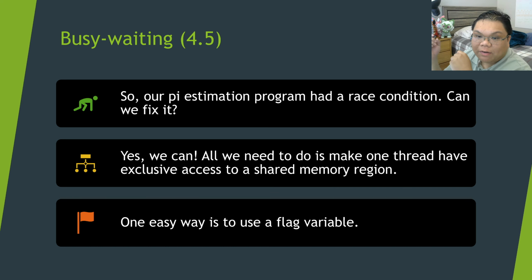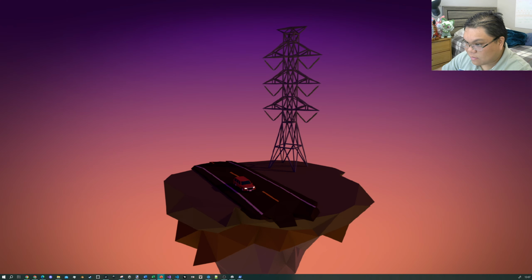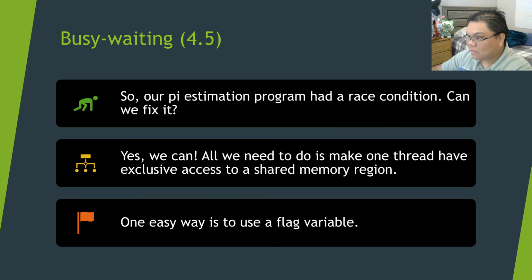So our pi estimation program has a race condition. Can we fix it? Yes, we can. So the problem comes about when two threads are accessing the same value, and one thread was in the middle of updating that value, and the other thread gets the value before the other thread updates the value. So if you have, say for example, two threads that have to access a value, and it's a 31.